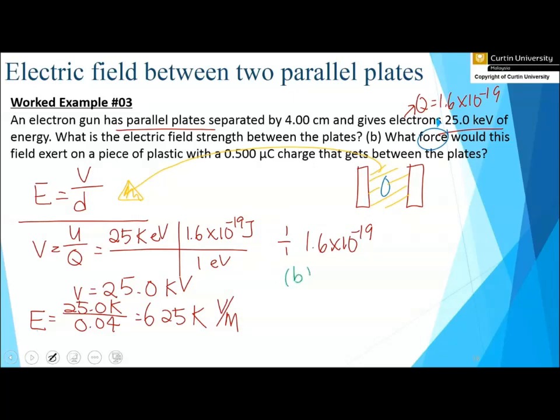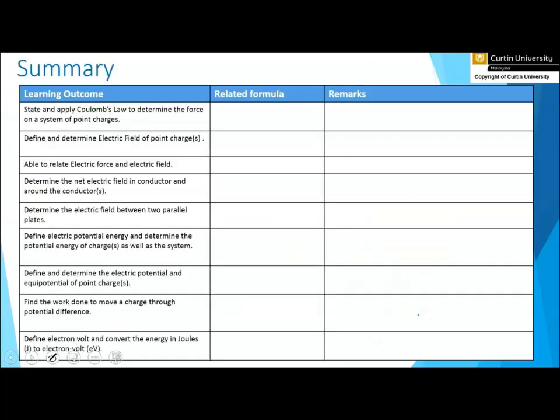Part B, electric force equals Q times E. The Q is 0.500 micro times the field, which is 625 K. You get 0.31 Newton.